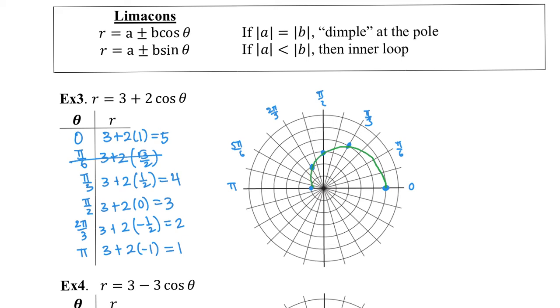Okay, I could keep plugging in points, but because of the symmetry, I could also start matching up the points and graph it that way. So for example, I have to keep continuing. This is going to go like this. This point, this 2 pi over 3, is 2 units. So if I go to the pi over 3 line, it's going to go 2 units.